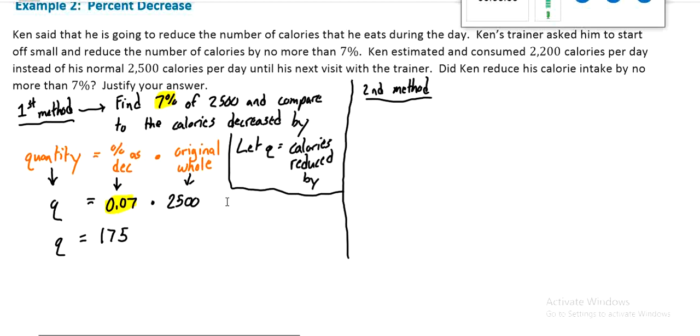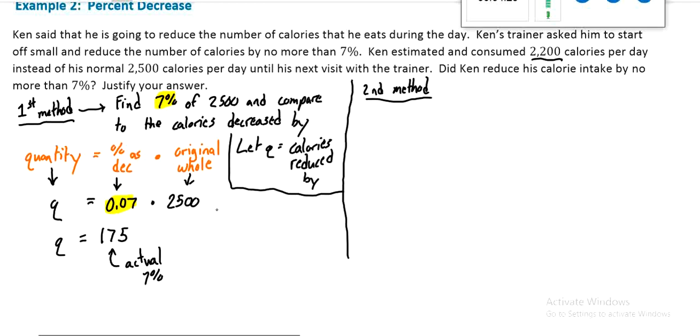Now, the thing is they actually tell us what he went down to. They say he estimated and he consumed 2,200 calories per day. So, once again, let's just clarify this. Right there, we did the actual math of, so 175 is the actual 7% of 2,500 calories.